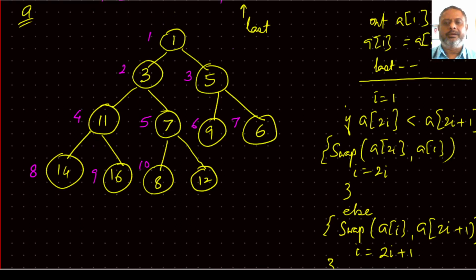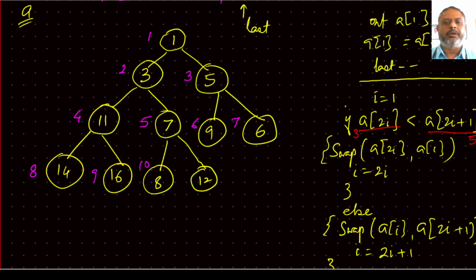Now what has happened? If you just look at this part, i is equal to 1, then 2i is 2. So a of 2i has a value of how much? 3. And a of 2i plus 1 has a value of 5. Therefore, this condition is true.